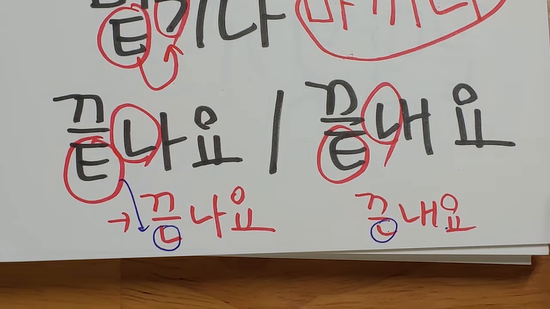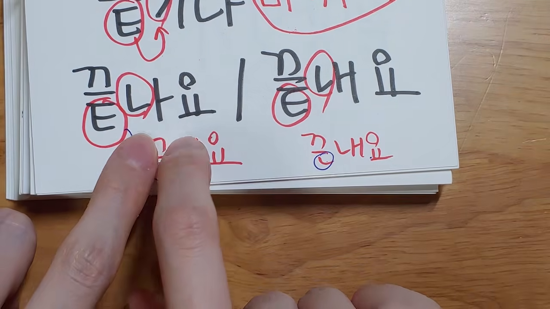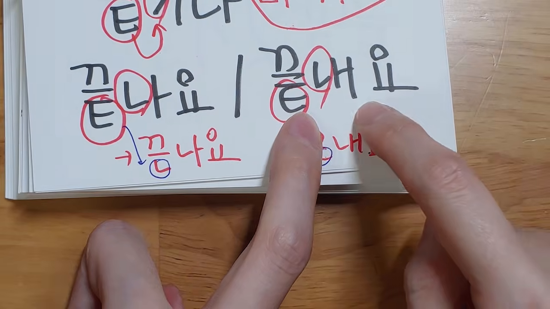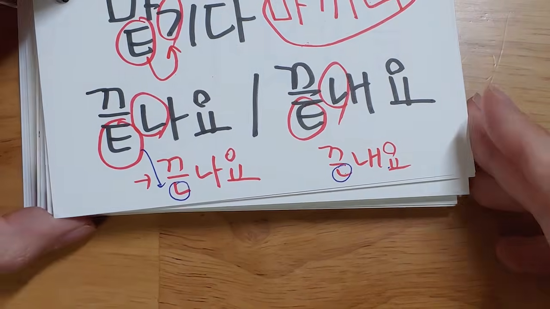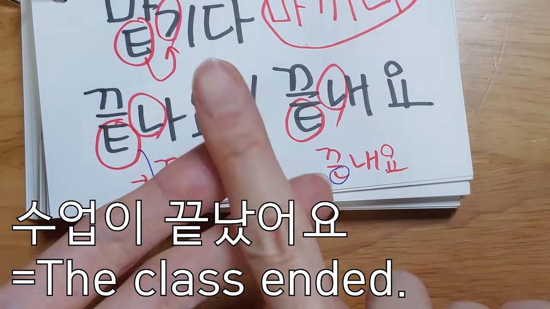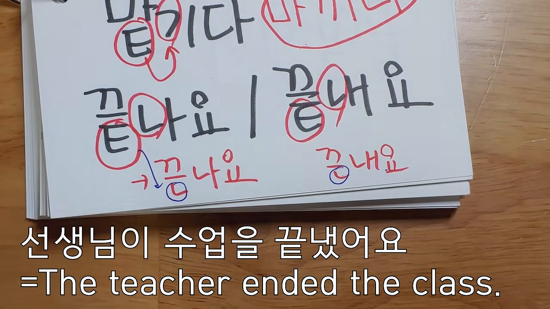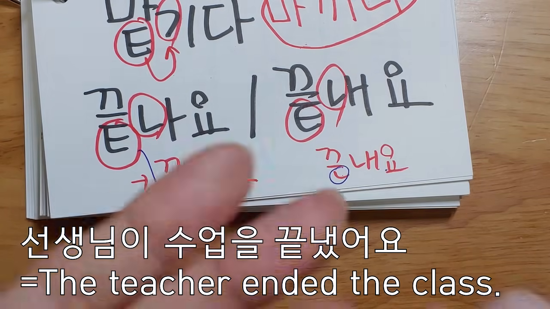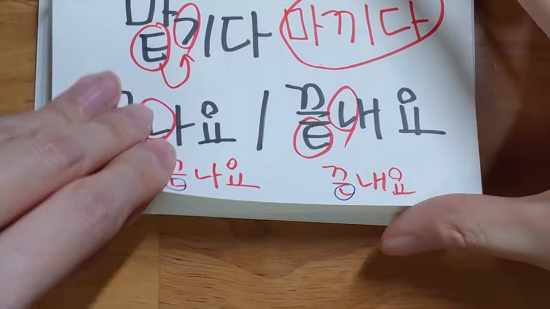We'll also learn this in grammar session, but 끝나요 means for something to end, and 끝내요 means for someone to end something. So you can say 수업이 끝났어요 to mean the class ended, and 선생님이 수업을 끝냈어요 to mean the teacher ended the class. So that's the basis of it, and we're going to learn more in grammar class.